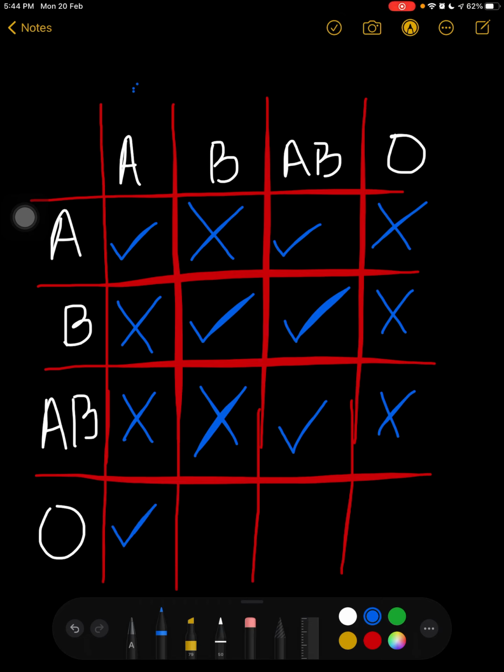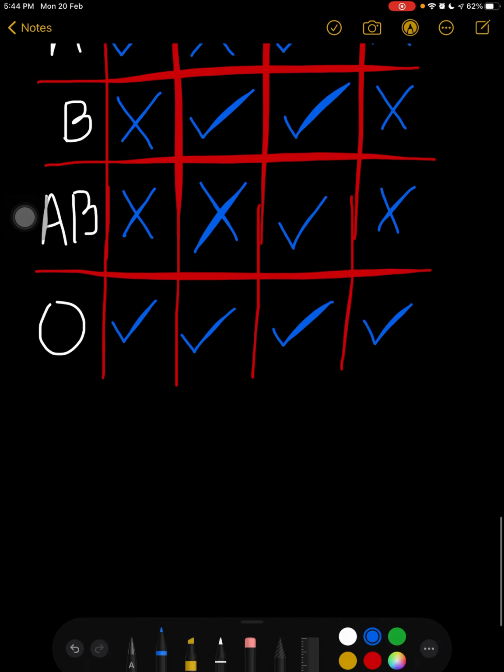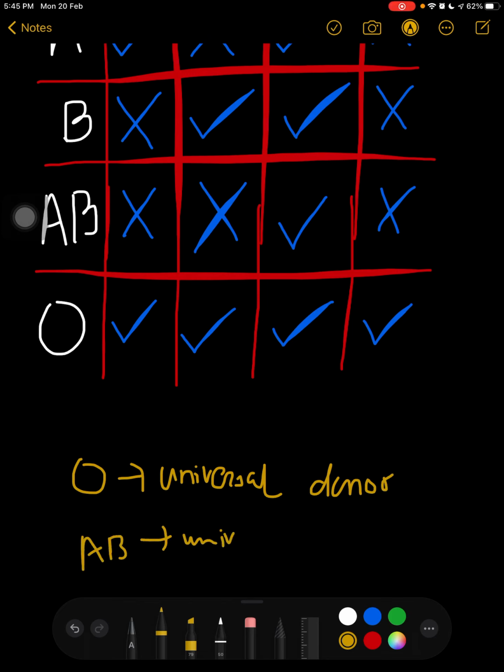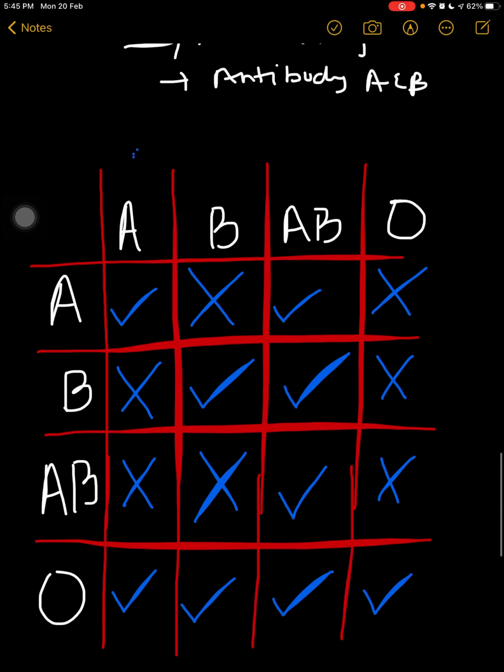We can give to B too, to this too, and this too. So this proves that blood group O is a universal donor, right? And AB is a universal receiver.